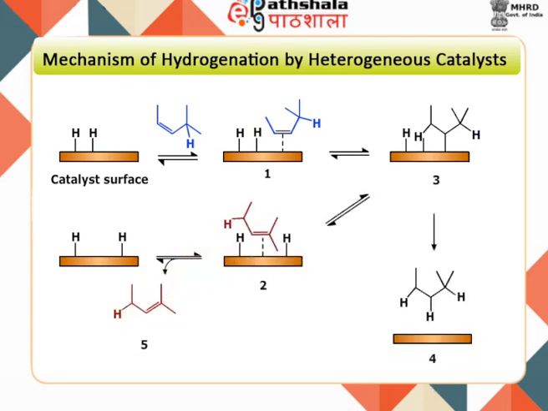The most plausible mechanism which can explain these outcomes is one in which transfer of hydrogen atoms from the catalyst to the adsorbed substrate takes place in a stepwise manner, as shown in the figure. The process involves equilibria between pi bonded forms 1 and 2 and a half hydrogenated form 3, which can either take up another atom of hydrogen or revert to starting material or to an isomeric alkene 5.